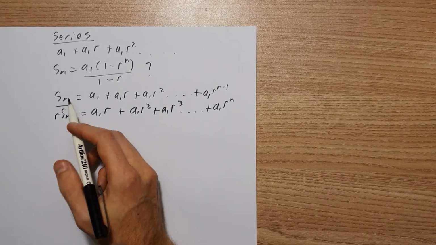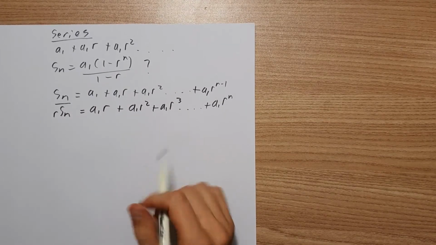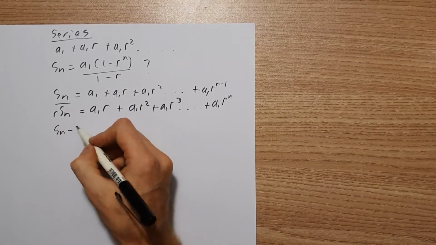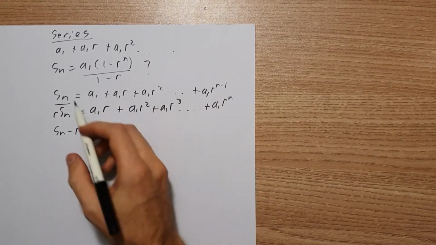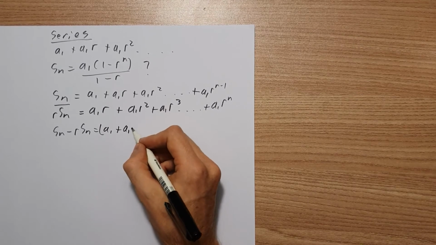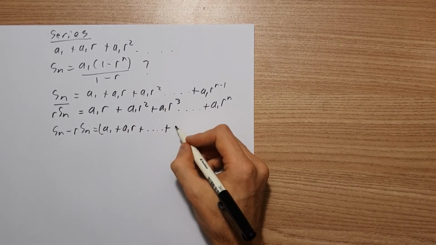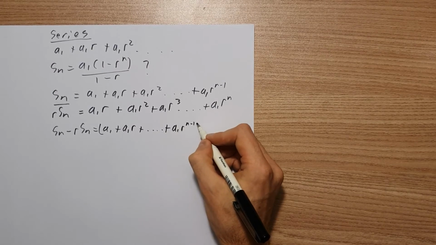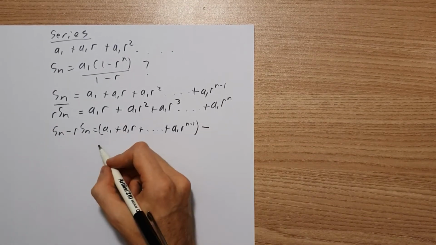Now what I'm going to do is subtract these two from each other and see what's left. So it's Sn minus r times Sn, which is going to be this first sequence: a1 plus a1r, plus everything up to a1 r to the n minus 1. Now I'm minusing the second set over here, so I'm just going to write it at the bottom.